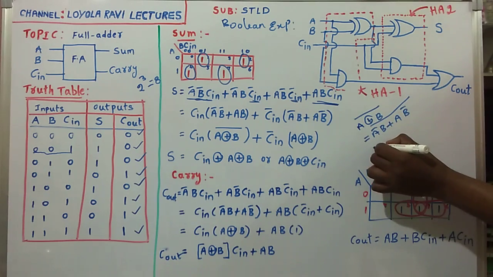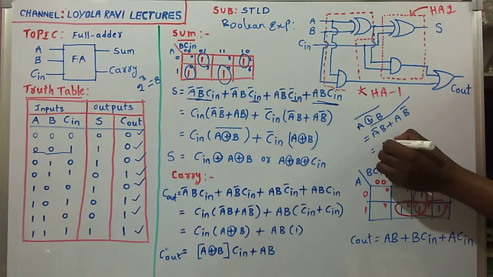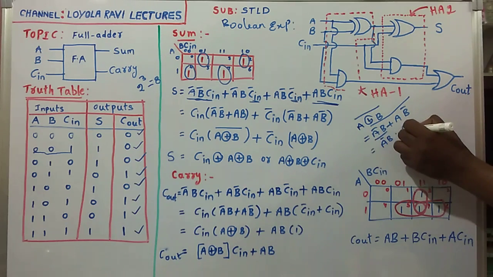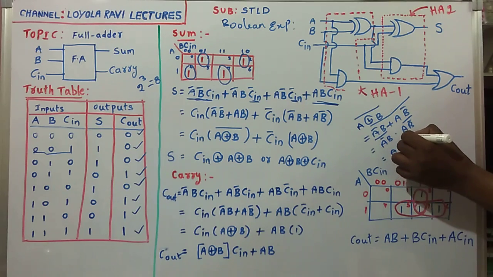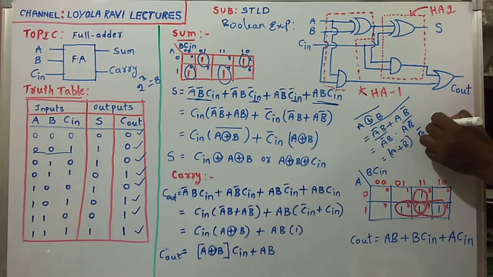Whole bar, if you simplify that, this is A, this is B, (A plus B) whole bar. From De Morgan's law, A bar into B bar. Again, (AB) whole bar, we are going to write A bar plus B bar, and again A bar plus B.